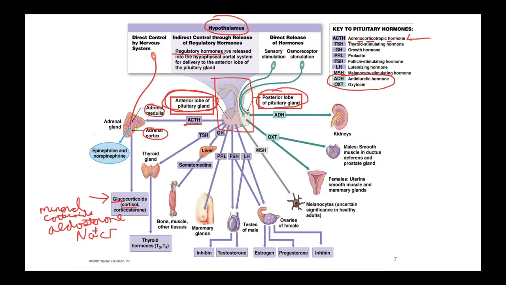The inner portion is called the adrenal medulla. Now notice there's no connection from the hypothalamus there, okay? I'm sorry, there's no connection to the pituitary. Here, your brain is sending signals directly to the adrenal gland.